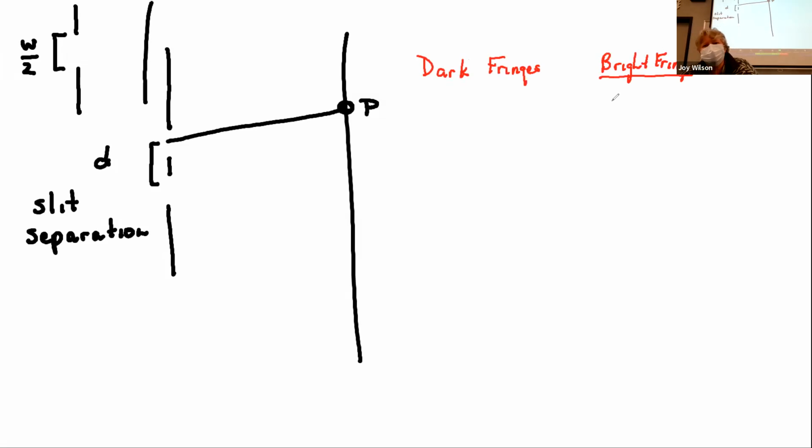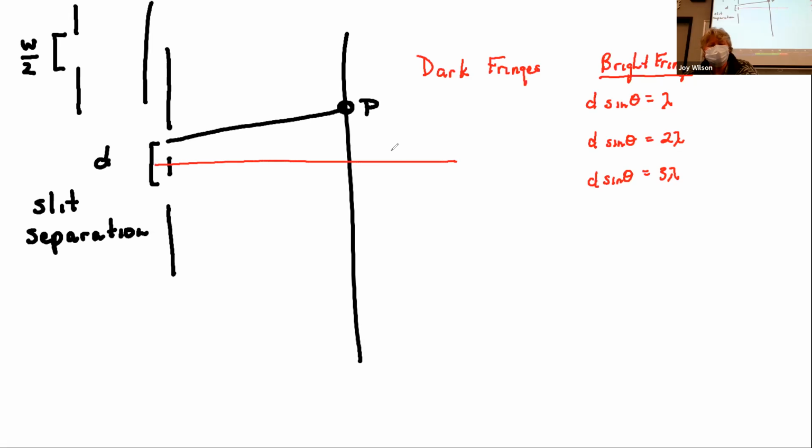So let's see what this does. This is going to turn into d sine theta equals a wavelength, or d sine theta equals 2 wavelengths, or d sine theta equals 3 wavelengths. You see how we're counting? This is y equals 0. So d sine theta equals a number times the wavelength.